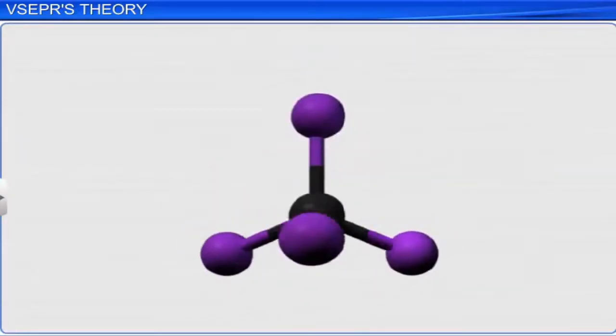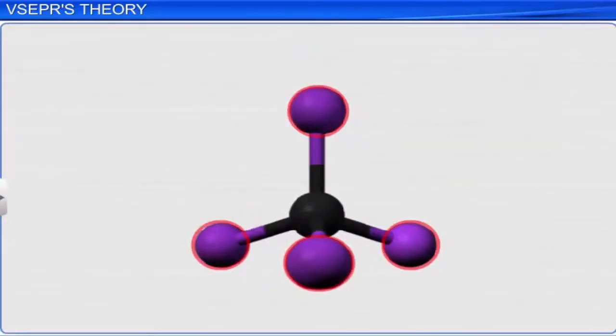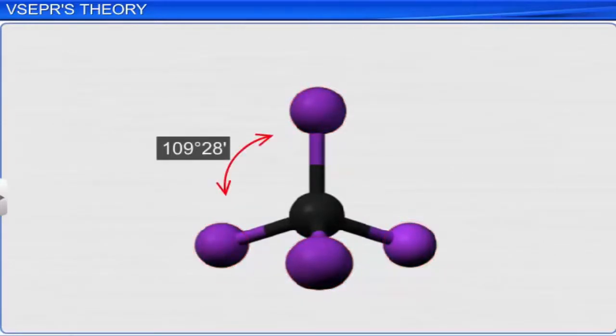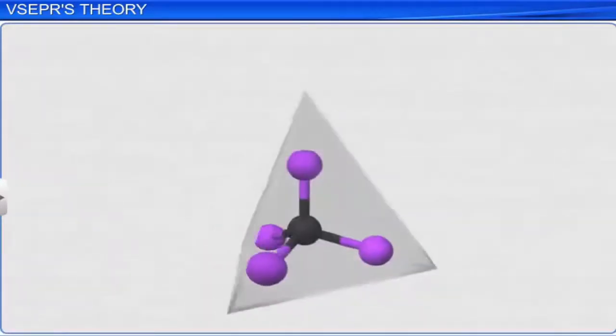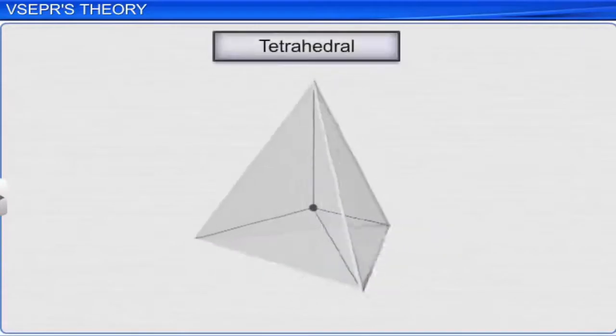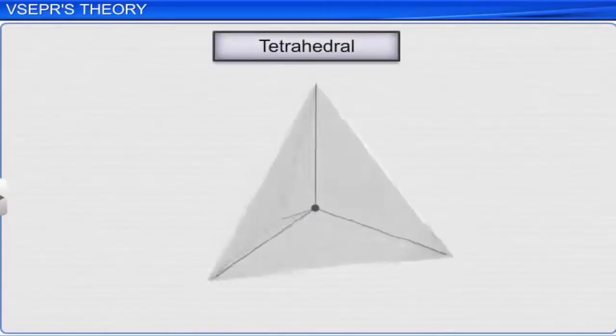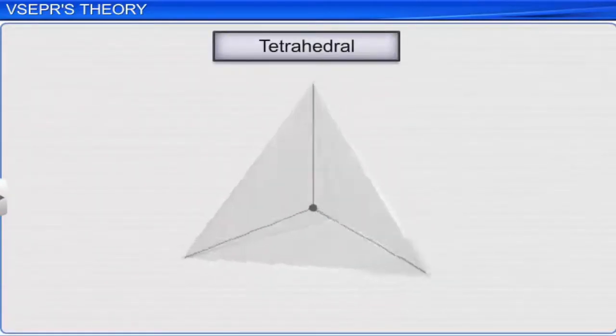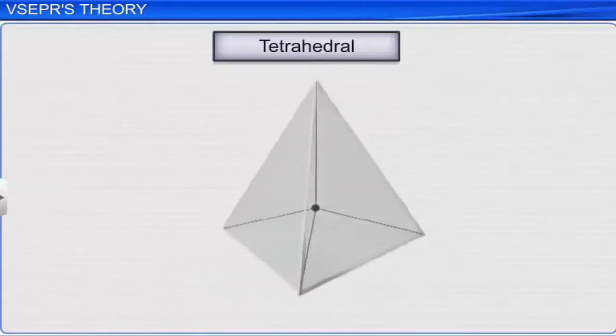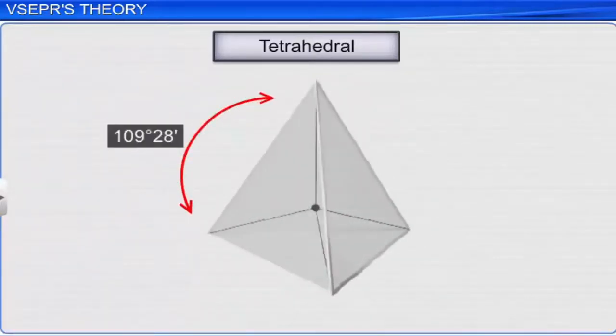As a result, all the 4 hydrogen atoms arrange at the 4 corners of a tetrahedron, lying at equal distances from each other. Hence, methane has a tetrahedral shape. In the methane tetrahedron, the bond angle is 109 degrees 28 minutes.